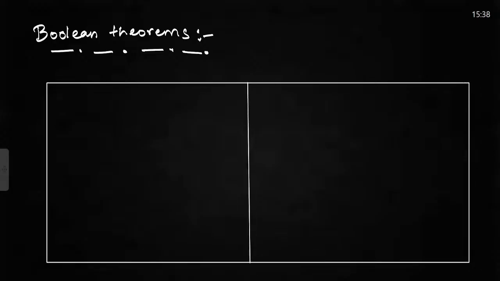On one side we will write Boolean theorems related to the OR operation, and on the other side those related to the AND operation. So what are the Boolean theorems related to the OR operation here?